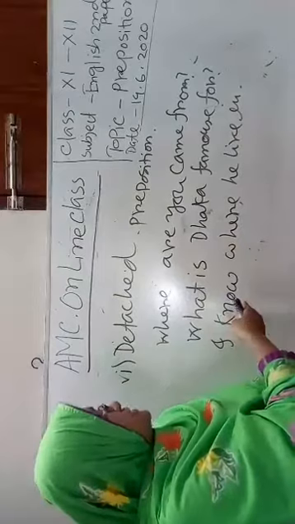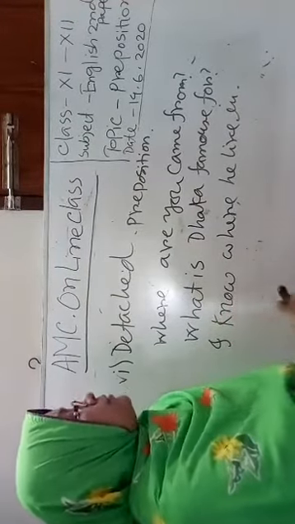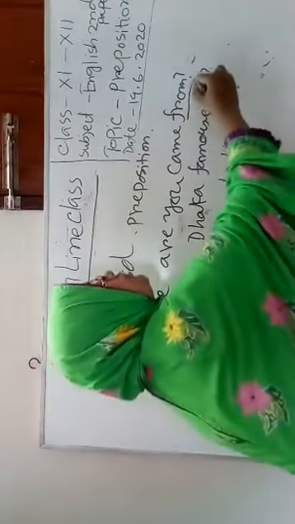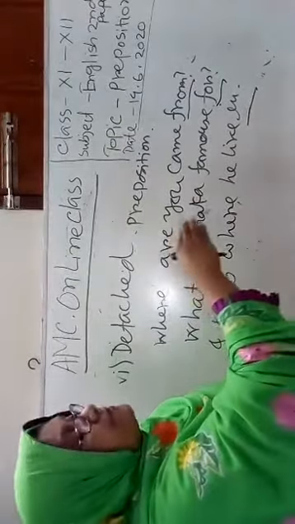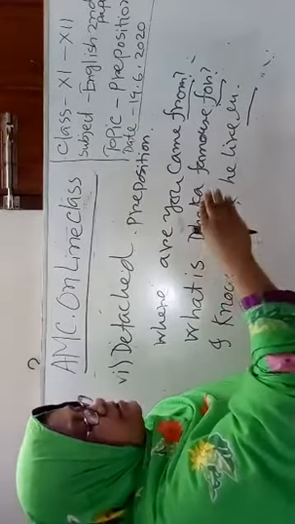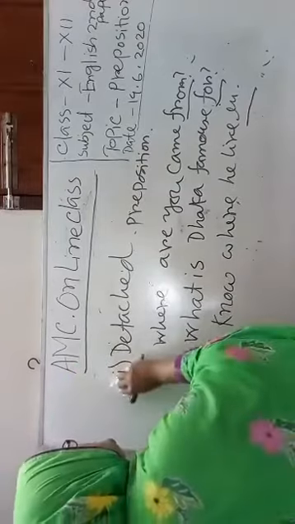And the last one is an example of relative adverb or relative pronoun. And we see this from, this for, these in. All these three prepositions are used detachedly, in the last portion of the sentence. So this is called detached preposition.